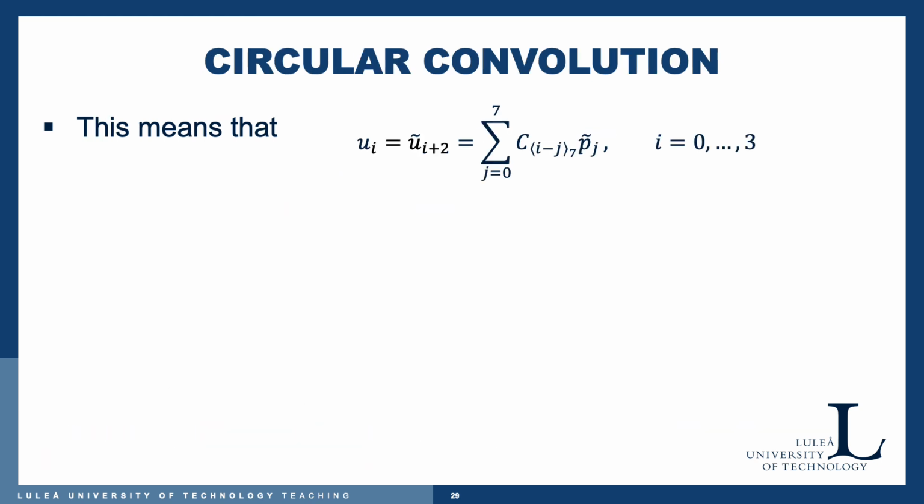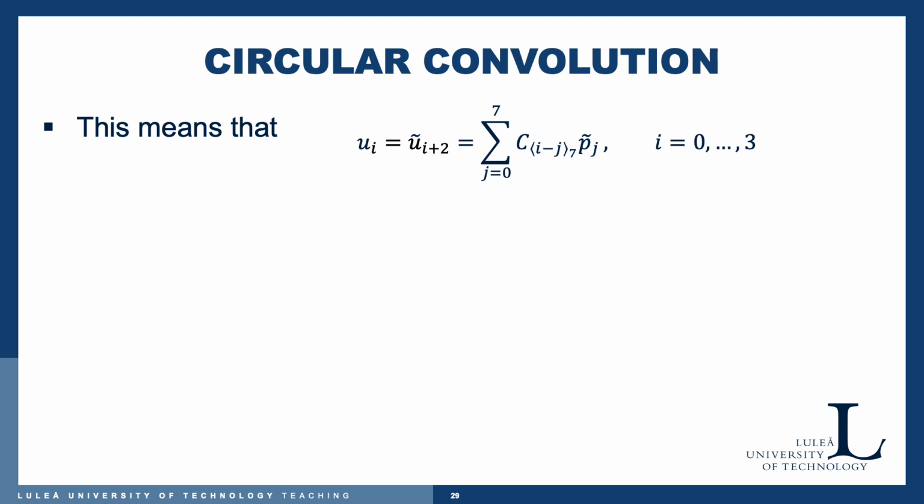So if we write this in summation form, we get that the real deformation is just the extended deformation evaluated in a shifted set of discrete nodes. So u_i is extended u tilde at i plus 2, and we just carry out the summation with the extended kernel multiplied with the extended pressure p tilde.